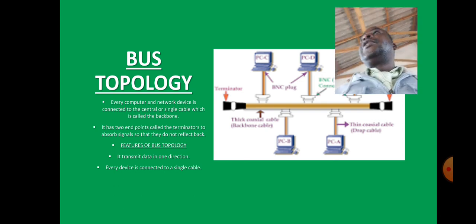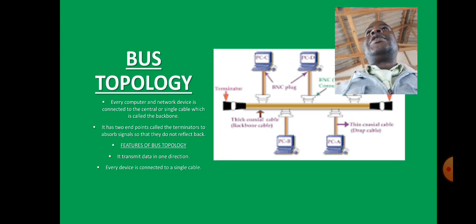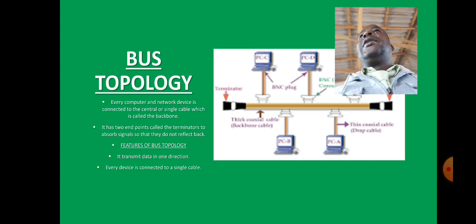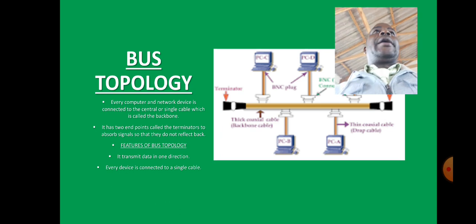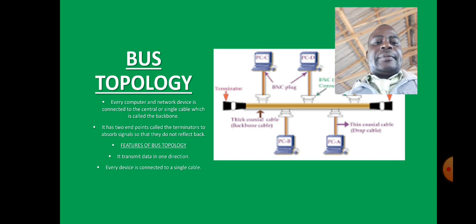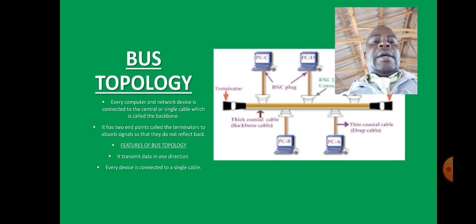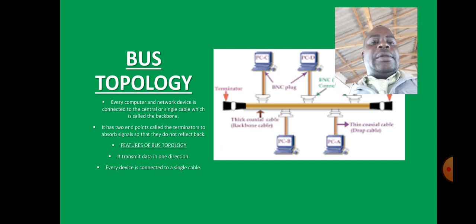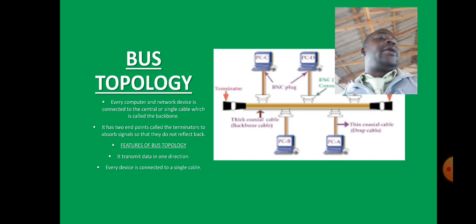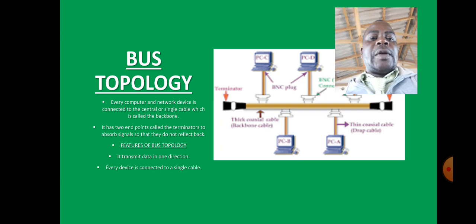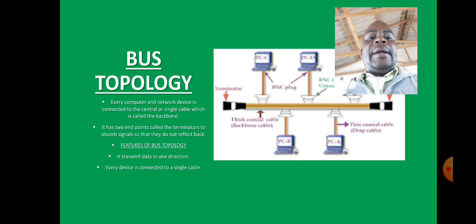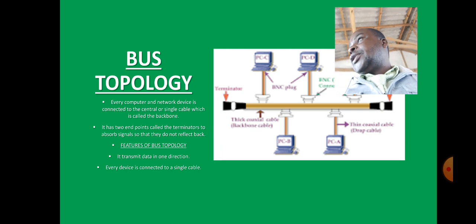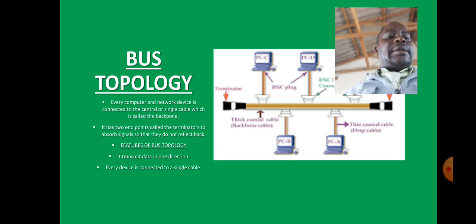The duty of these terminators is to absorb the signals so that they do not flow back. Data in this type of topology is transmitted in one direction, and every device is connected to a single cable.